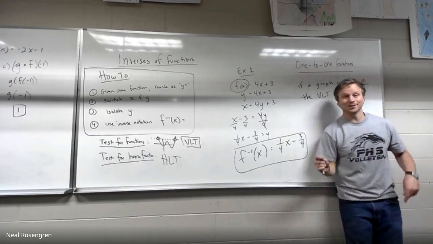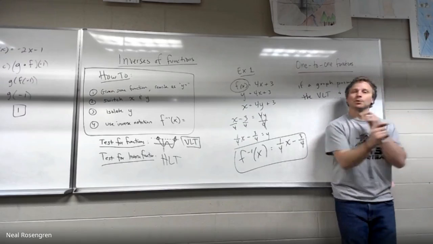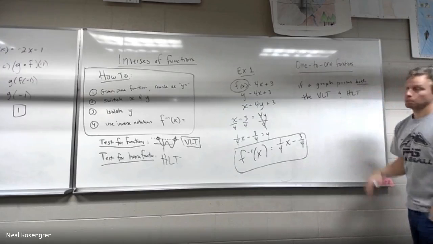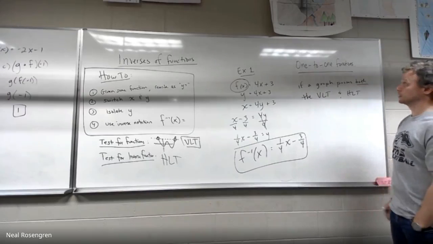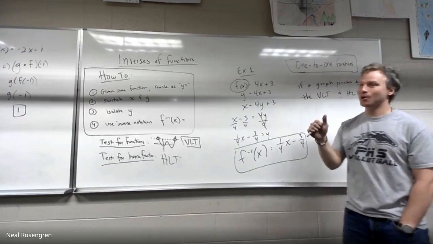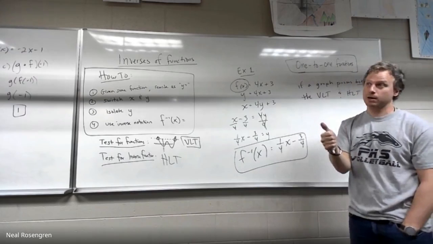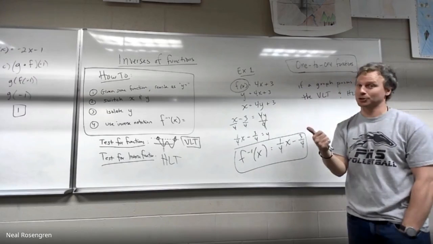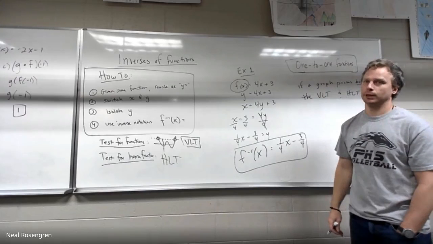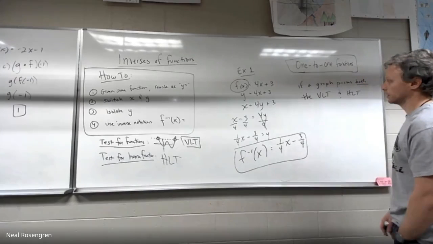For every one x, there's only one y, and for every one y, there's only one x, which means it had to have passed both the vertical and the horizontal line test, okay? One-to-one functions we really like, because then I know that the graph of whatever that relationship is, is a function, and its inverse will also be a function, and we really, really like it.